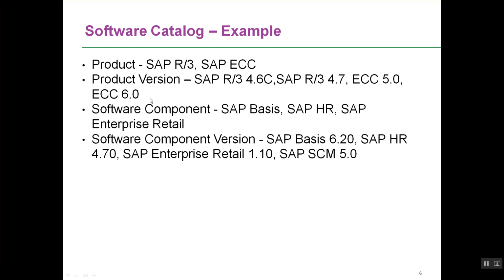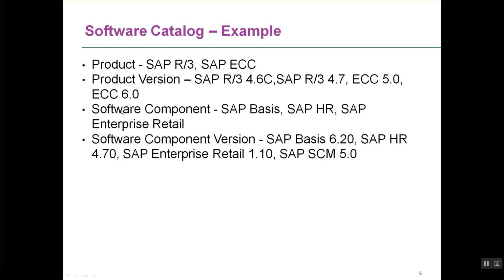Now, so far so good. Then what is a software component and what is a software component version? A software component is nothing but the granular modules or units that form a product. If you're from a basis background, you would know that an SAP R3 4.6c system will have multiple software components, right? You will have an SAP Basis component, an SAP HR component, an SAP enterprise retail component.